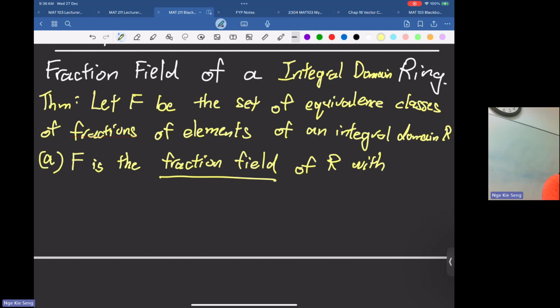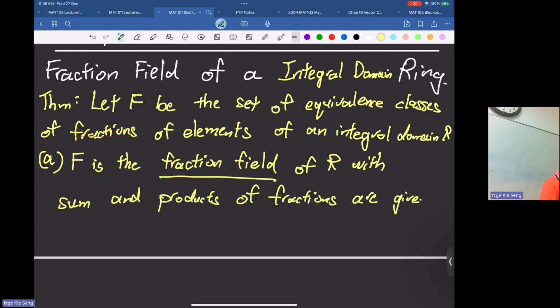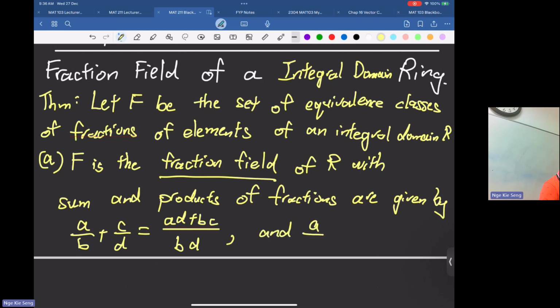So you need to define the sum and the product of two fractions. We define it exactly as you have done in high school for rational numbers. What is A over B plus C over D? We need to make the denominators the same: AD plus BC over BD. And multiplication?